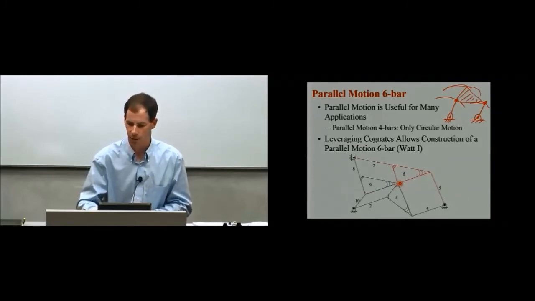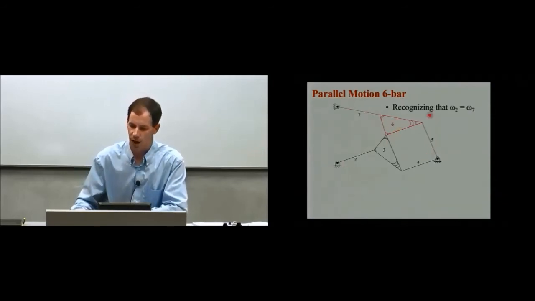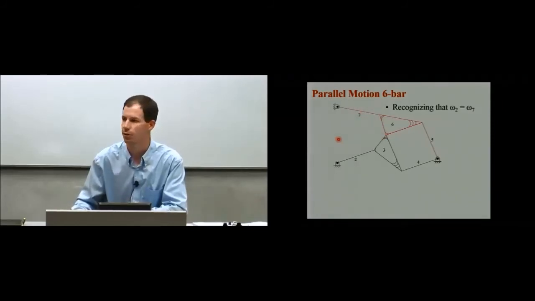And then what I'm going to do from here is I'll say, through this cognate construction, I've recognized that link 2 and link 7 have the same angular velocity, and realize I've thrown away that extra cognate here that forced that, but this was part of the construction. So link 2 and link 7 have the same angular velocity or the same rotation as they move this point through its coupler curve.